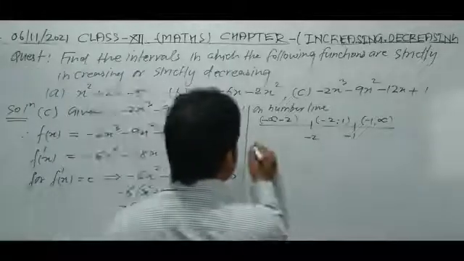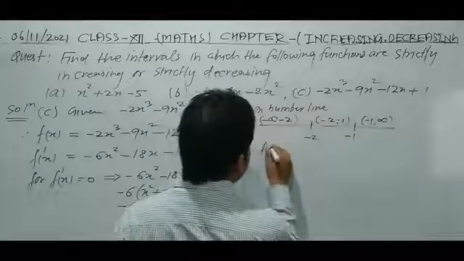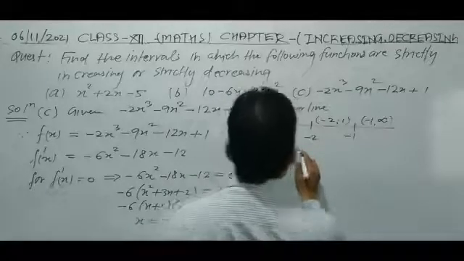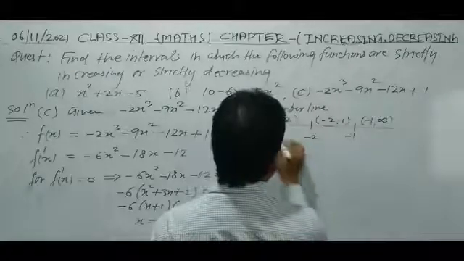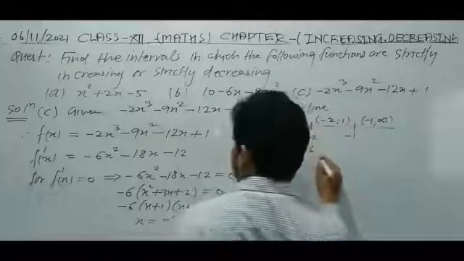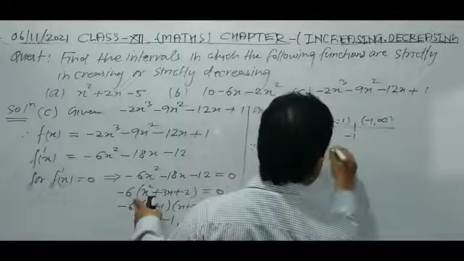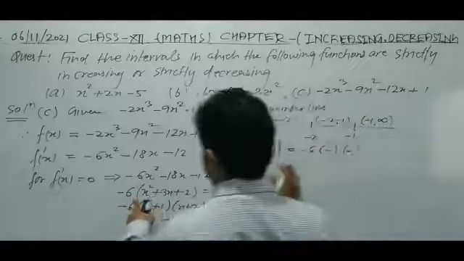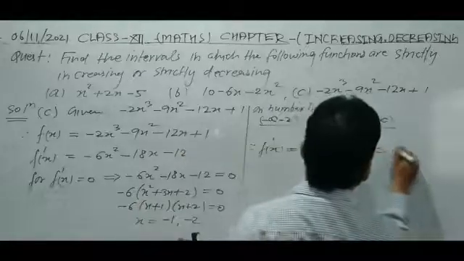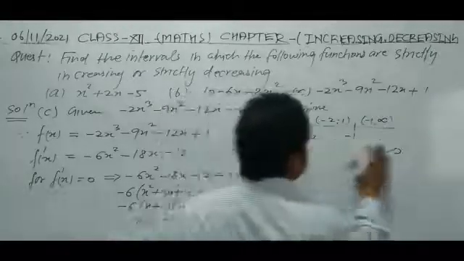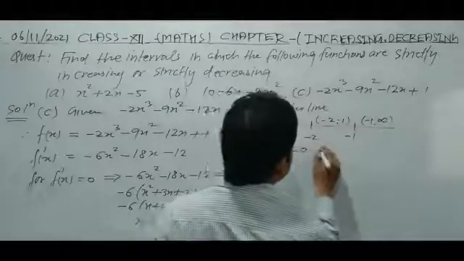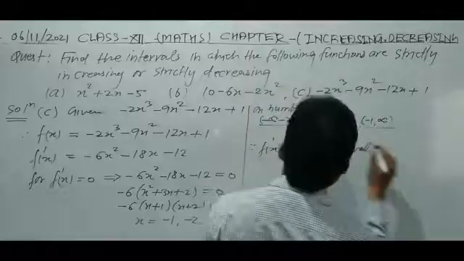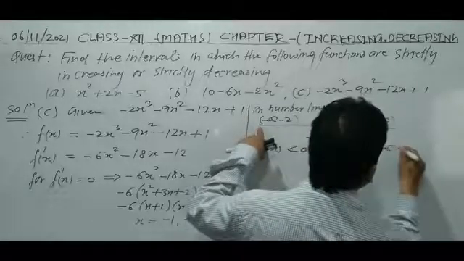So we can write, since f dash x is equal to minus 6 times these terms, and this is negative, f dash x is less than 0 in the interval minus infinity to minus 2.